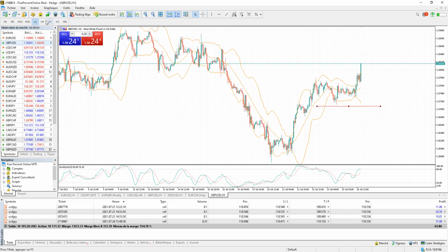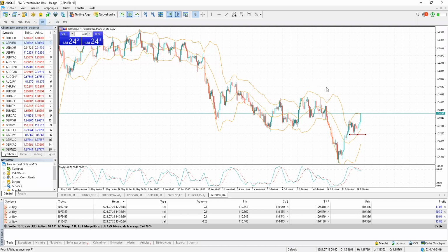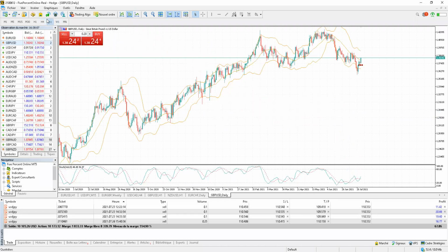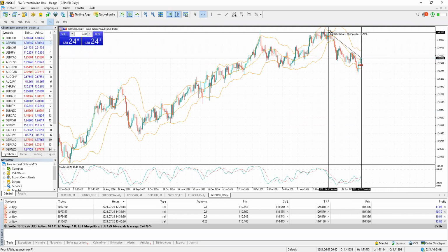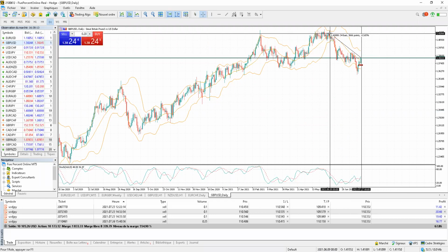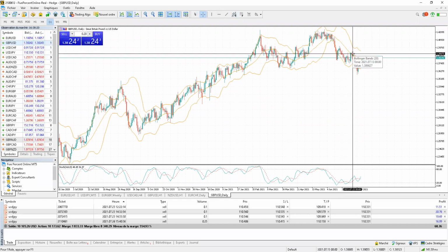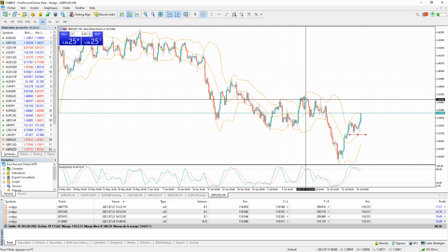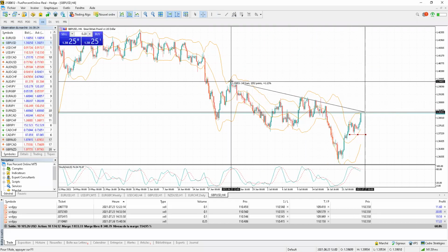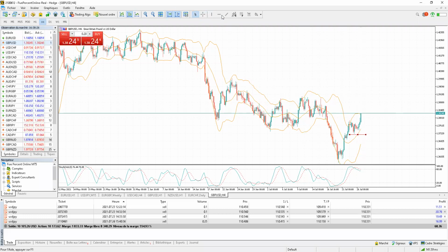Okay, and then if you want an exit, I don't know what you expect, but if you expect it to go back to that level, that is going to be very hard. I don't think so. There will even be a retracement below, maybe to that level here. So there is not much move to go. It's a risk reward of 1-to-1. I cannot enter a long position on the pound dollar actually.